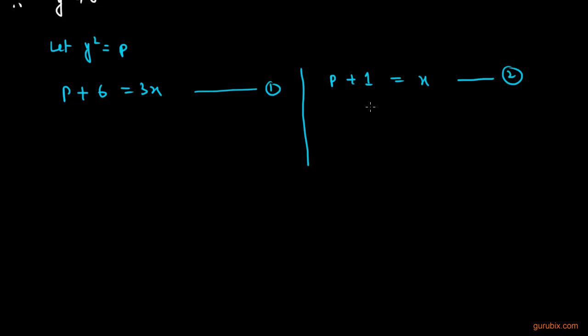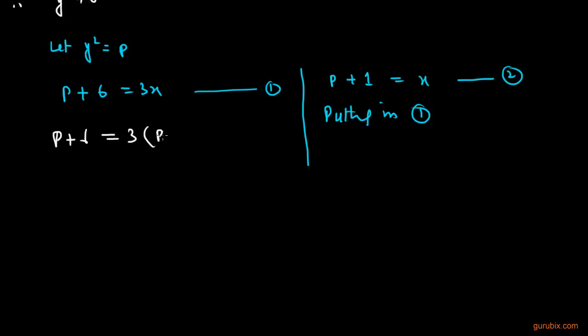Now we shall use the substitution method, and we shall put the value of x, that means p + 1, in equation number 1. If we put this value in equation number 1, then we get p + 6 = 3, and what is the value of x?